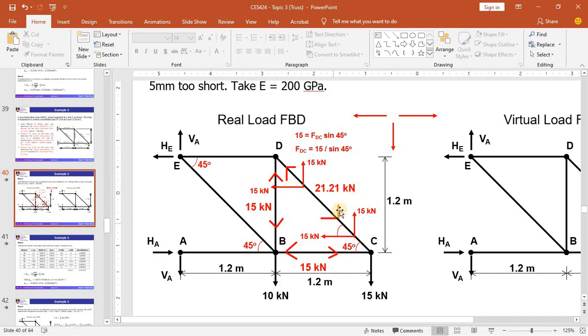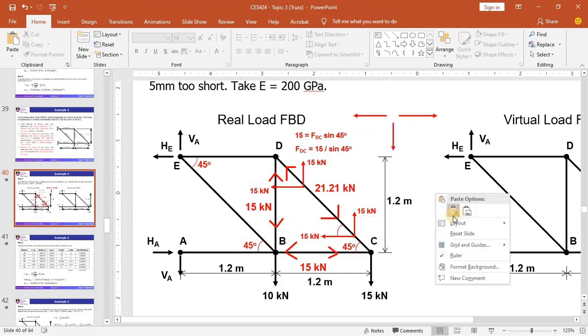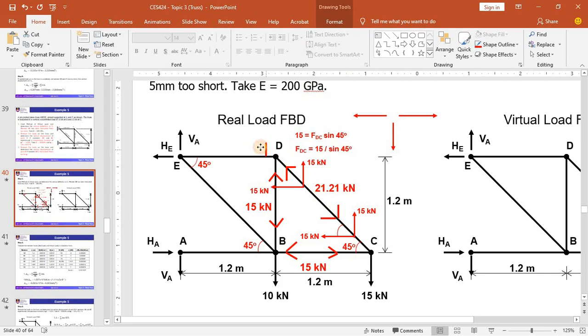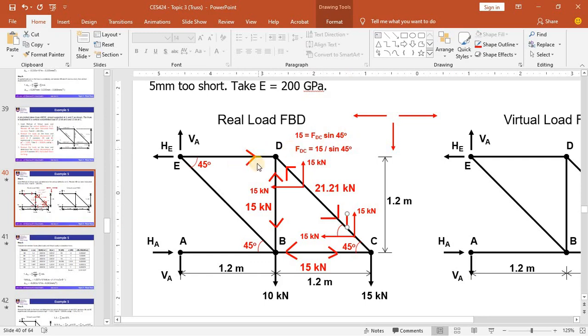Let's indicate the arrow. This is the direction of the force to the right, to balance the 15 kilonewton horizontal component to the left.